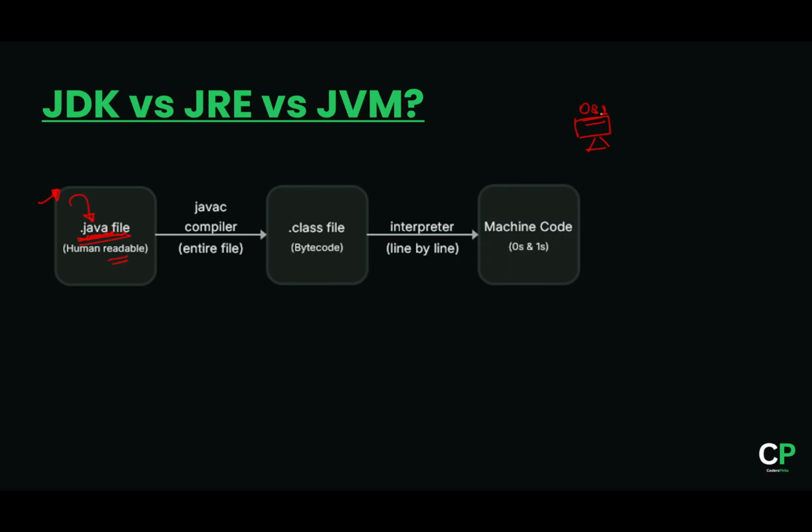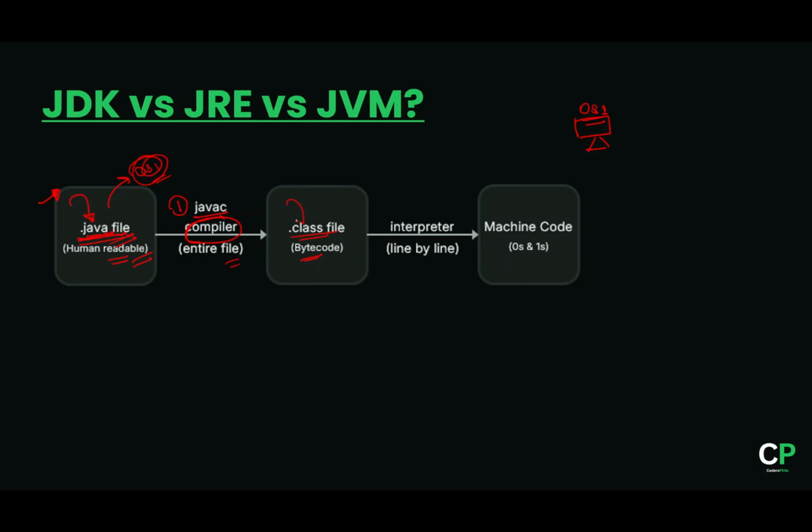So every programming language must finally be converted into zeros and ones in order to execute it. In Java it is done in two steps. In the first step, the .java file that we write is first converted into the .class file, bytecode, with the help of the compiler.